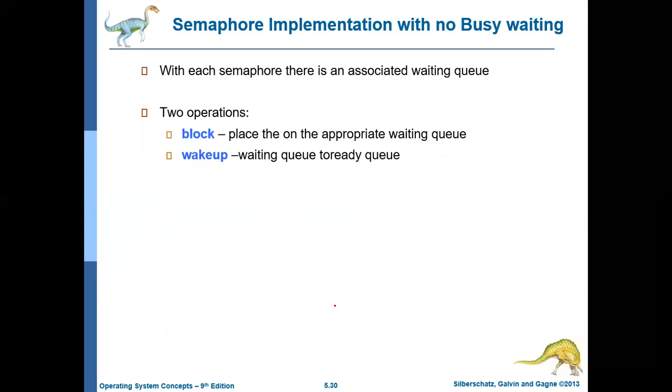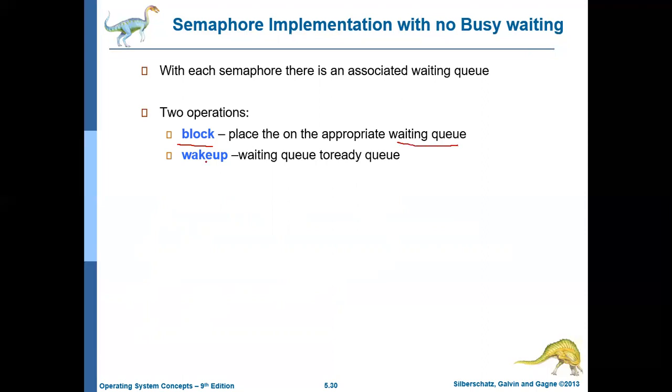Because if a process gets into busy wait, then during that time the CPU is not doing any useful task. So this problem of busy waiting can be overcome in semaphore by using a concept called waiting queue. Whenever a particular resource is not available, the process will be placed in a queue, and that queue is called the waiting queue.